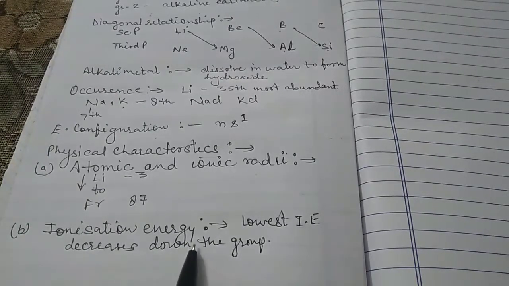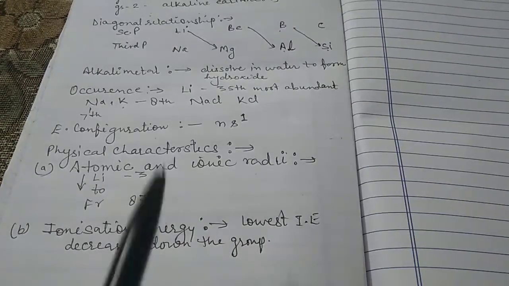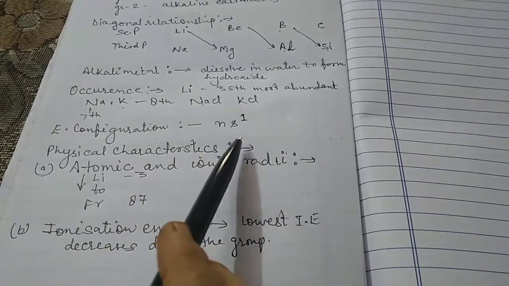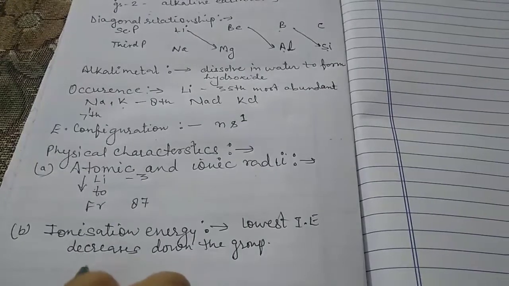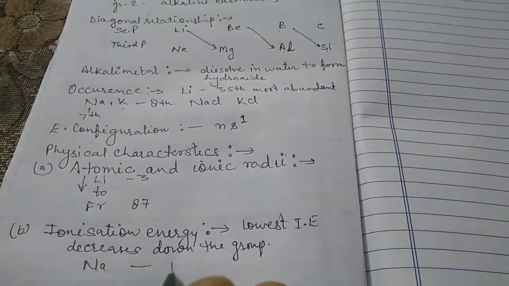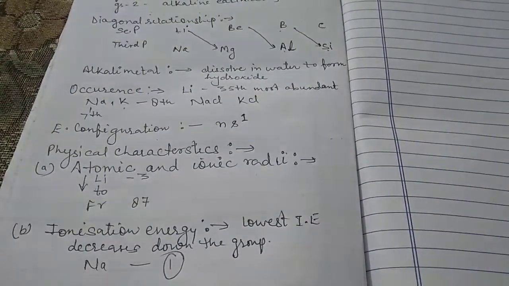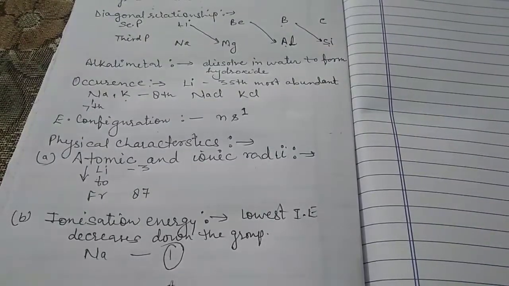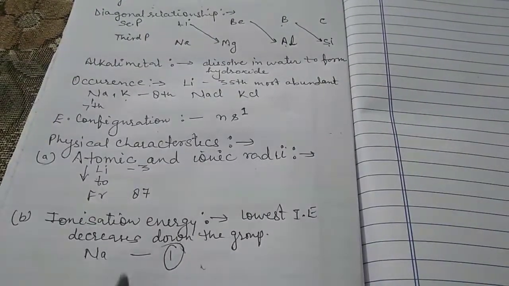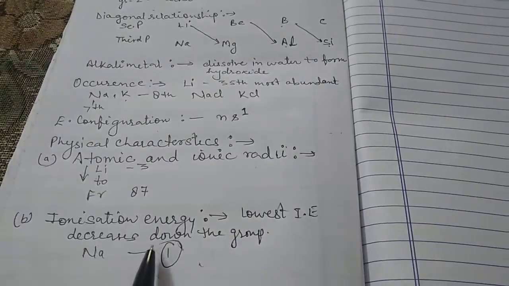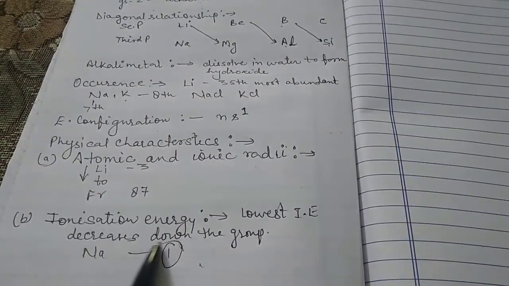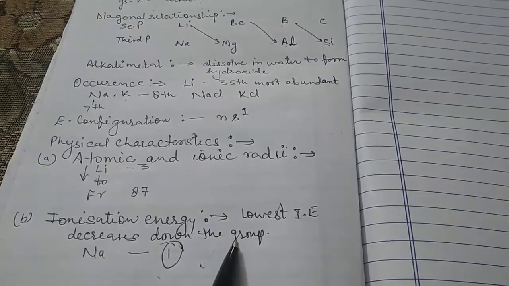This accounts for their easy loss of the electron, and hence they have low ionization enthalpy, because in the outermost orbit they have one electron. For example, sodium possesses one electron in the outermost orbit, so it is very easy for sodium to lose the electron and get stability.